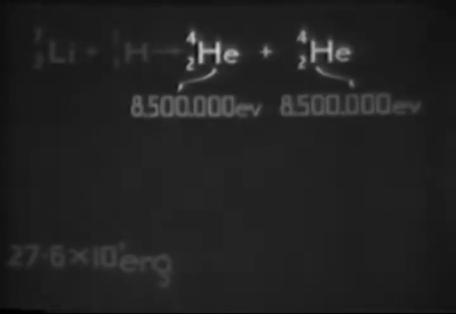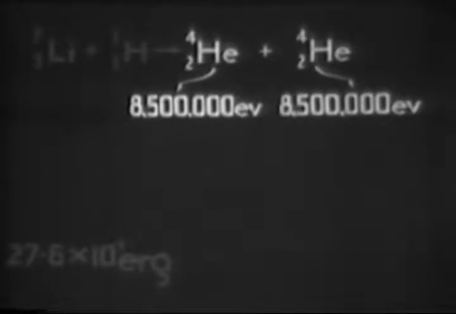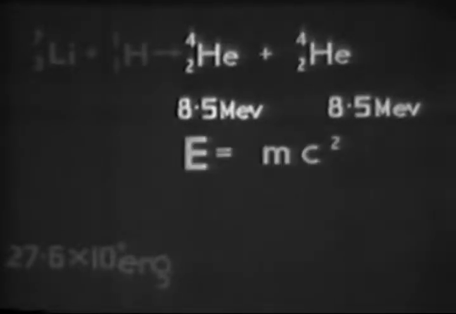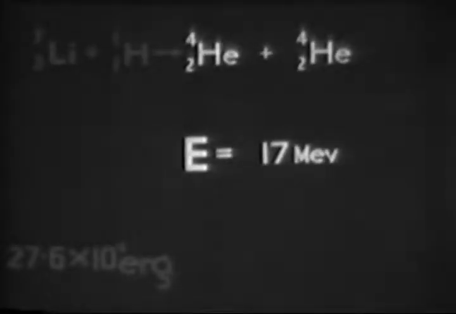Now, the energy of each alpha particle released in the reaction can be directly calculated. It is 8.5 million electron volts. Or, more conveniently, 8.5 MeV. Thus, in our equation, we get E equals the sum of these energies, that is, 17 million electron volts.